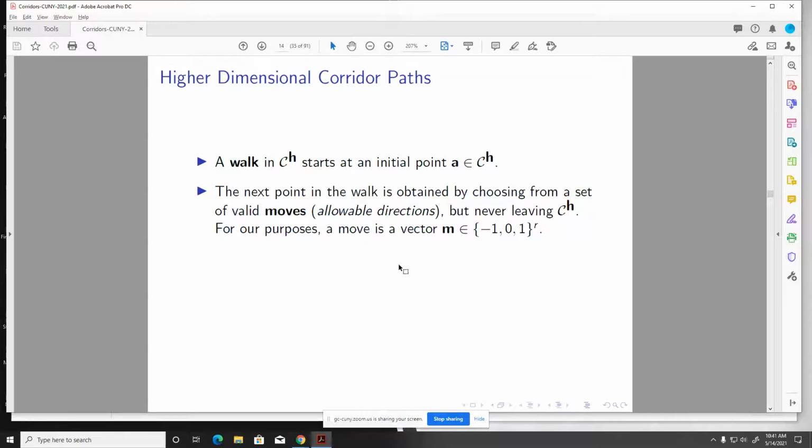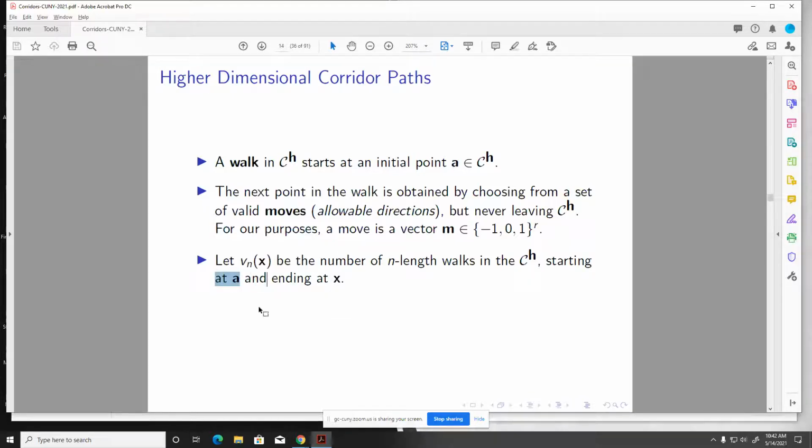For our purposes, we're going to have a move vector, which will specify which direction you want to move in each dimension. Of course, we're going to have to add up a bunch of those to get a good transition operator. I'll talk about that in a moment. Of course, our notation is still the same. V_n(x) is the number of n-length walks, beginning at some fixed chosen a and ending at x.